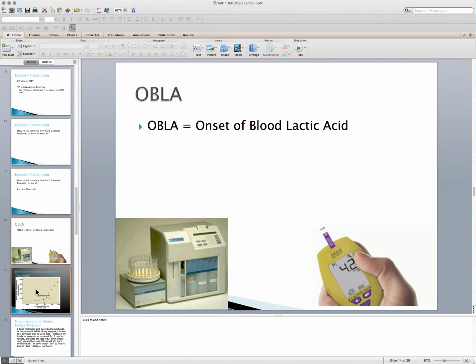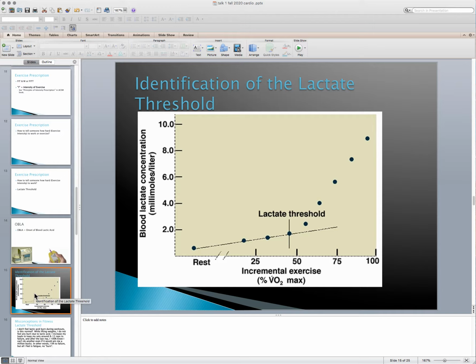And typically blood lactates are measured as a concentration. So this is a typical graph where here's blood lactate on the y-axis, and it's a concentration, so it's millimoles per liter. And then this would be exercise intensity on the horizontal x-axis.